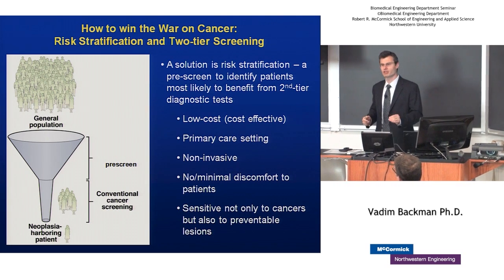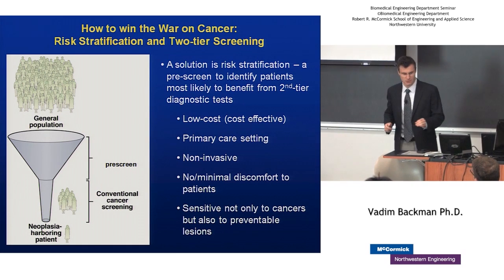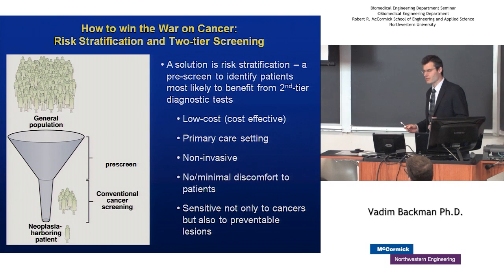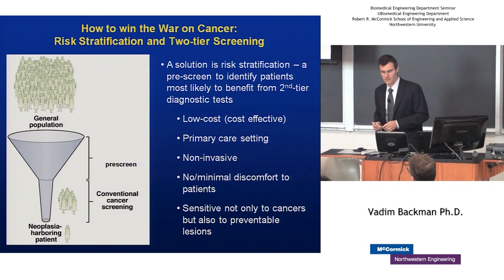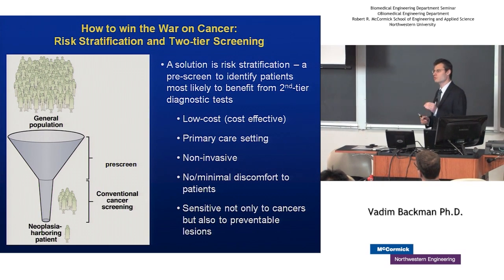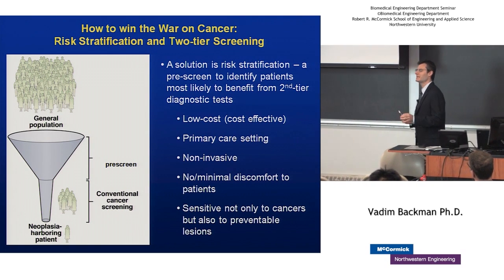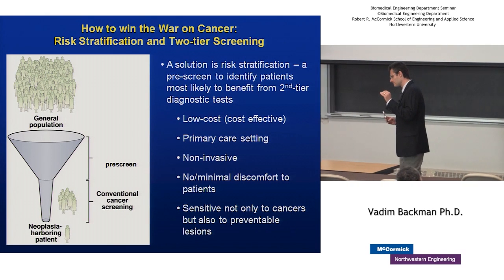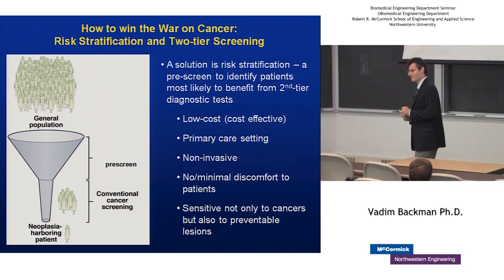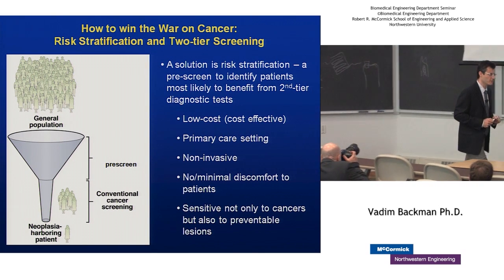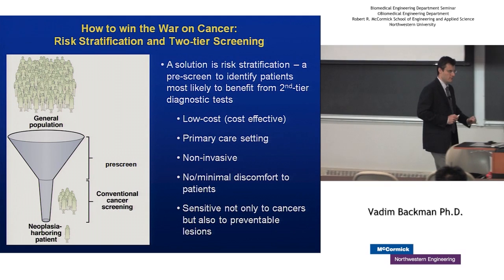The ideal screen would be a two-tier strategy, which means the test would be low cost, can be done in a primary care setting, patient compliant with little discomfort, and sensitive, and this is important, not only to late-stage tumors, there are plenty of tests like that, but sensitive to the treatable early-stage cancers. That's the key. Let me give you an example of a problem.